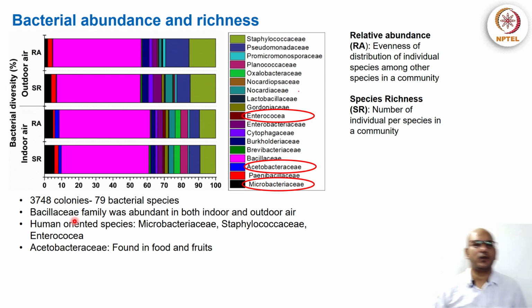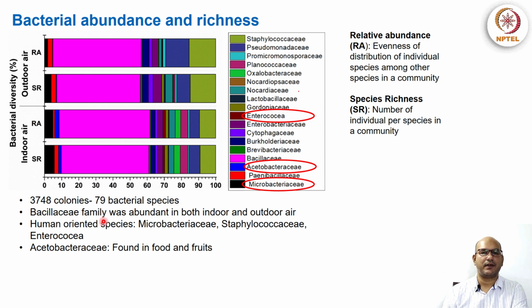This is the result on the bacteria that were found. In summary, we see here 3,748 colonies were observed with 79 bacterial species.